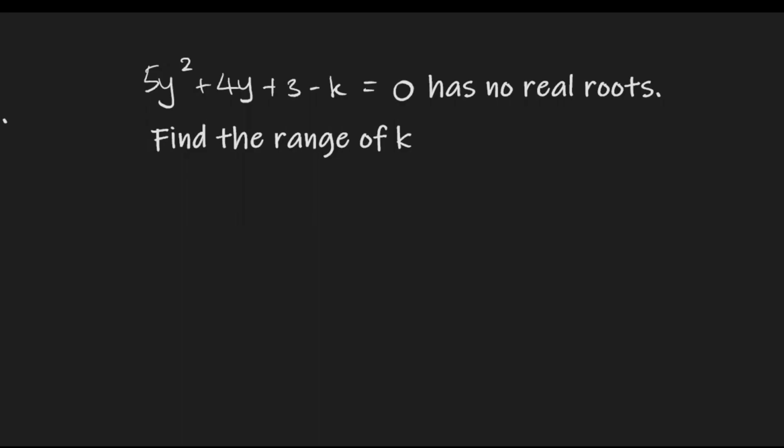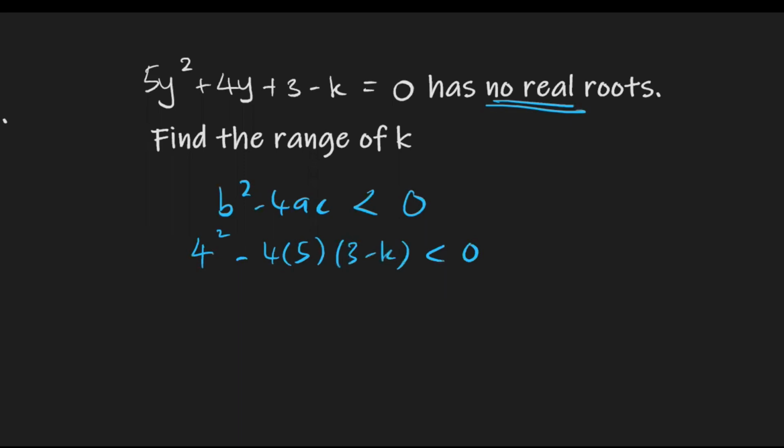We're going to have another question here. This time we're given a quadratic equation that has no roots. So we write the discriminant again, and because it has no roots, the inequality will be less than 0. Look at your equation and find out which is the b, which in this case is 4, your a is 5, whereas your c is 3 minus k.